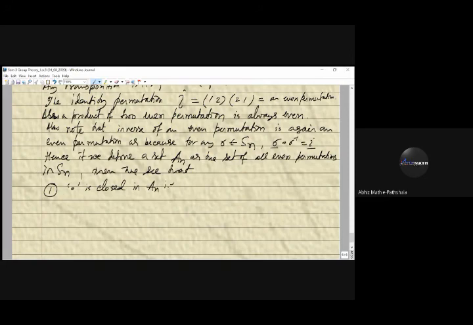That is, for any two sigma, psi belonging to An, sigma composed with psi is again an even permutation, so sigma composed with psi belongs to An. Number two, the identity belongs to An, right?